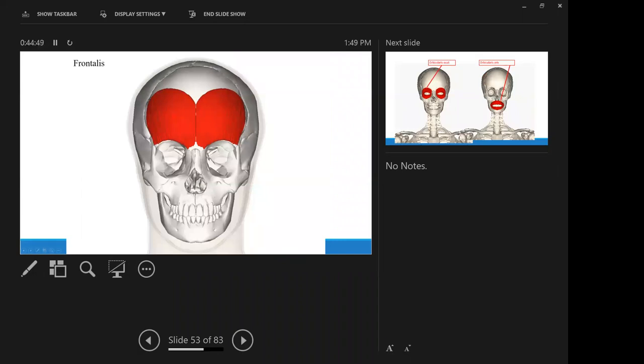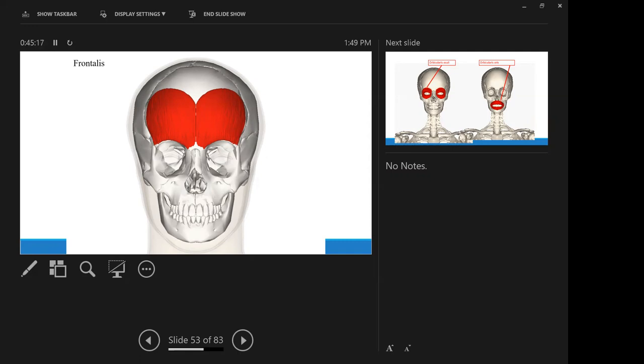It has two parts to it. It's not like the frontal bone, where the frontal bone gets fused together into one large bone. Our frontalis muscle formed into two distinct parts here.